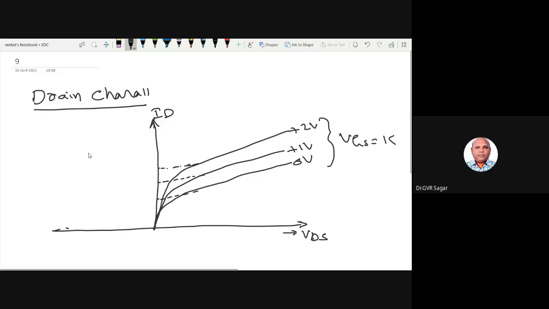The regions are common. As with the JFET, there are three regions. Up to this point is called the ohmic region, and this is called the pinch off region.